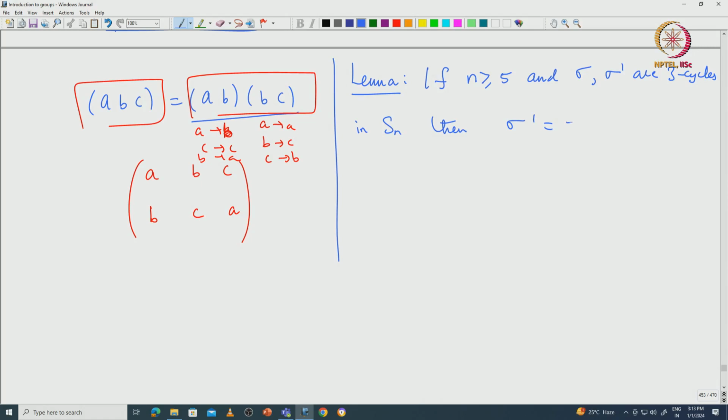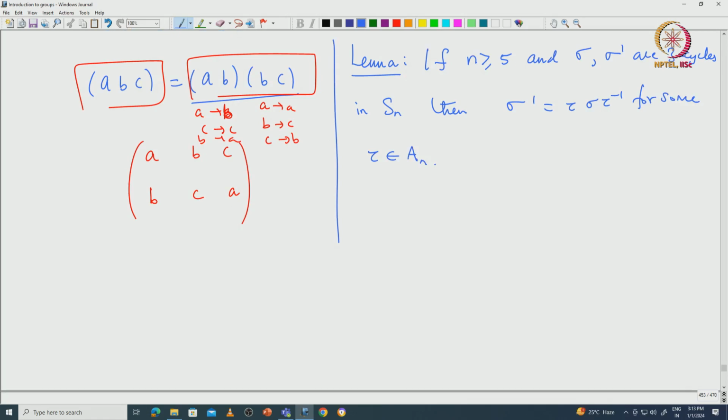So, there exists tau in An such that sigma dash is equal to tau sigma tau inverse. Okay. So, this is indeed a very important result which is used in order to understand the simplicity of An.